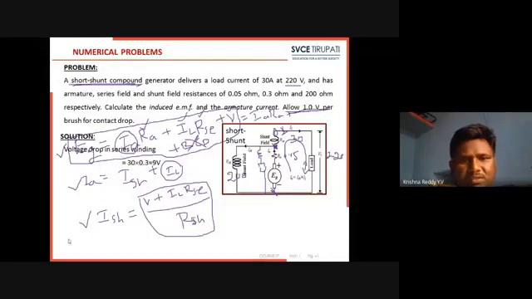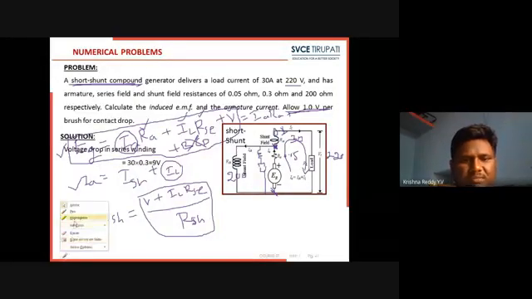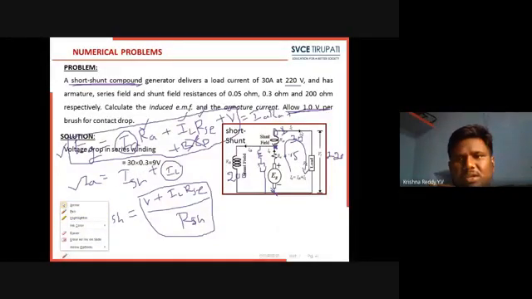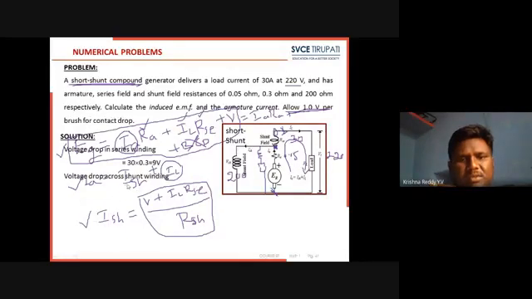Okay, first of all, calculate the voltage drop in the series winding. It is 30 into 0.3. The load current is 30 and the series field winding resistance is 0.3. We get the series field winding voltage drop. After that, the voltage across the shunt field winding is V plus IL into RSC.